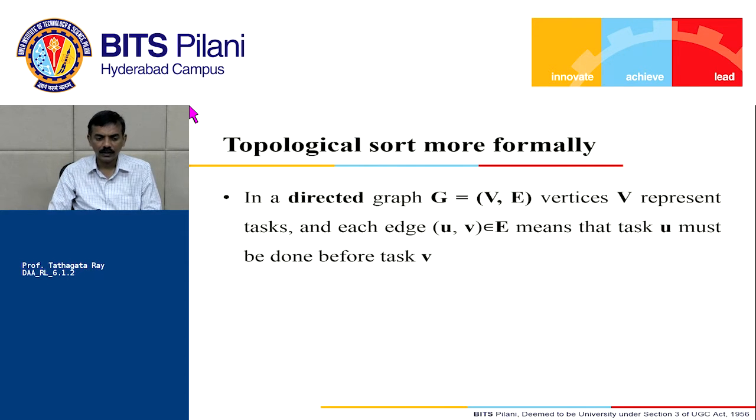So let's put this entire problem of topological sorting in the language of graphs. We have a directed graph G where V is the set of vertices of the graph G and E is the set of edges, where the edge uv means that task u must be done before task v.